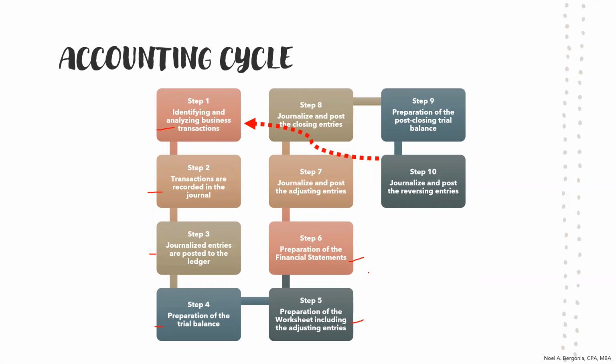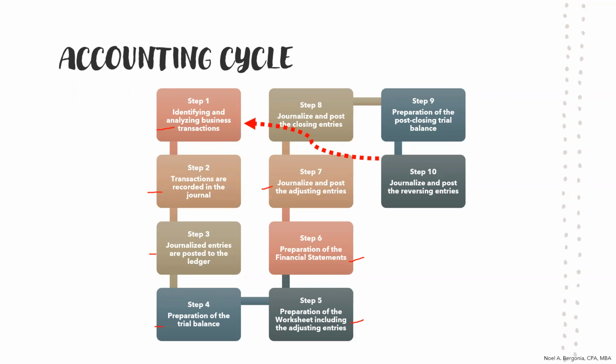After we have prepared the financial statements, based on the sequence in the accounting cycle being presented, we proceed with the adjusting entries, but this time we will formally record and post them in our journal as well as ledger.